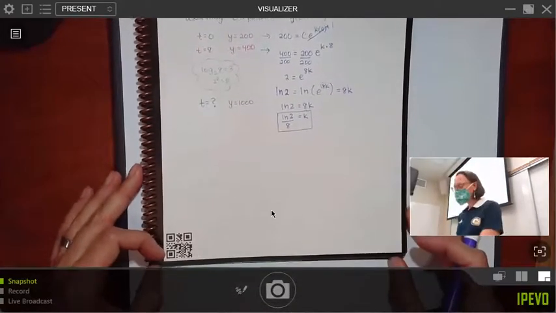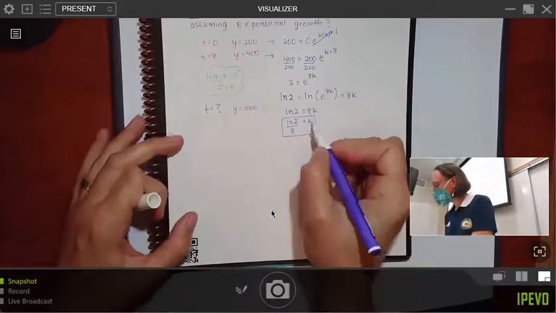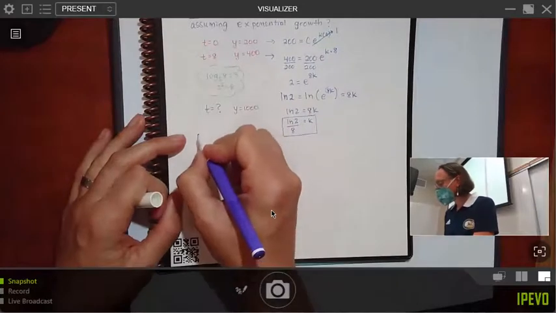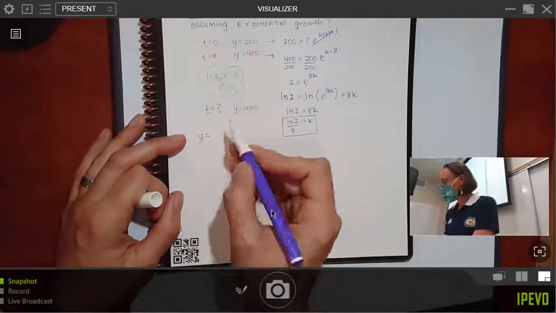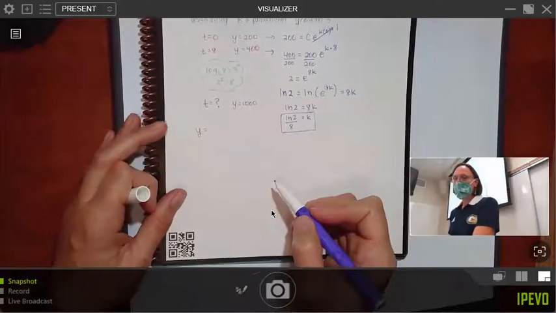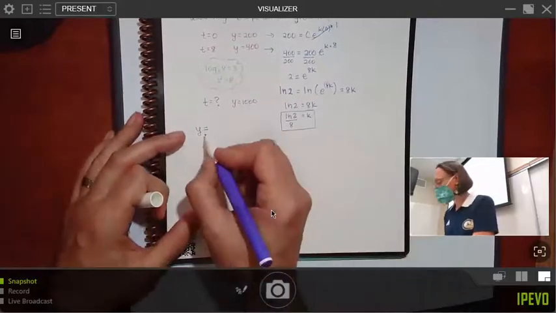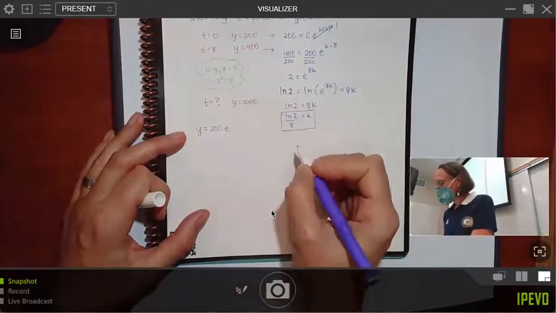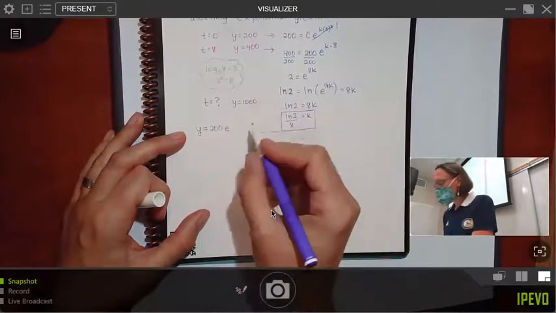So if y is equal to 1,000, we know what the value of k is. We know what the value of c is. So I'm going to go back to our y equals c e to the kt. I'm just going to plug in our values. So c was 200. k is natural log of 2 over 8.